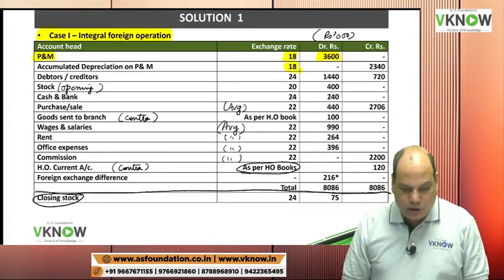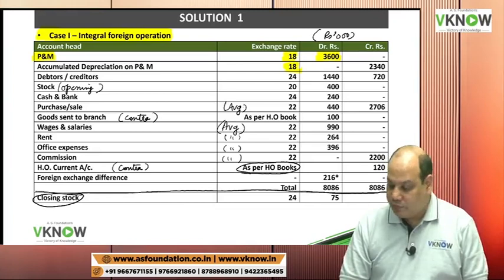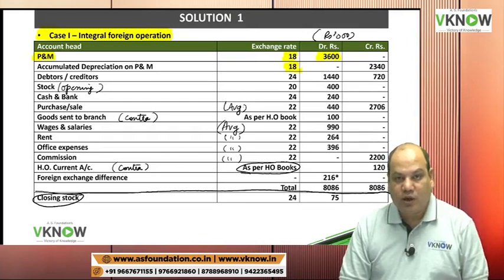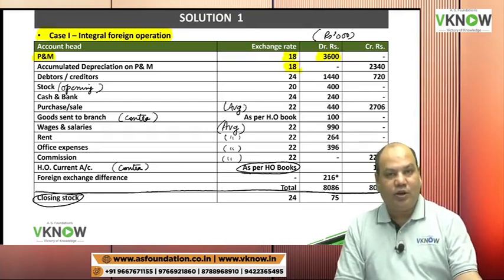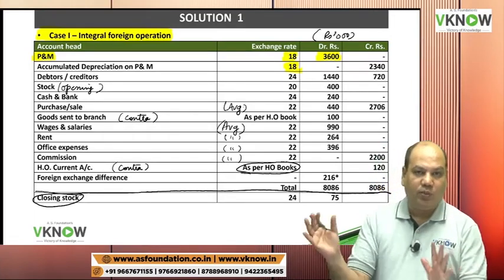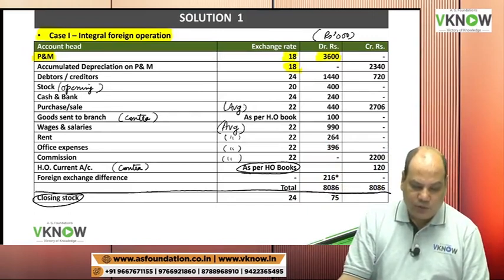Now there is a question: if the current account is not given, what rate will we apply? It will be given to you because it's a branch account. If there is a branch, there is a head office also. A branch cannot exist independently. Every branch should have a head office, so the amount will also appear in HO books.